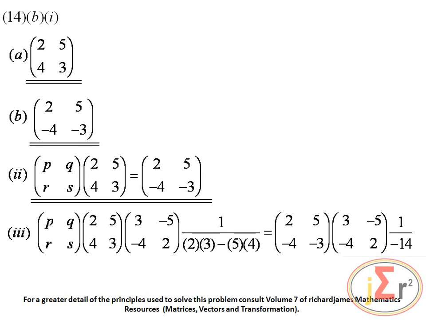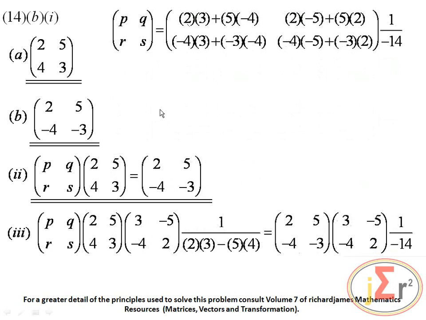And that is because multiplication of matrices is not commutative. So the order in which we multiply matrices does affect the result. Therefore, we are to be sure that if the inverse is placed to the back on the left hand side, it is to be placed to the back on the right hand side. So multiplying, of course, we will not multiply the negative 1/14 inside first.